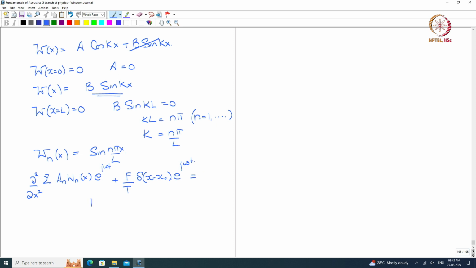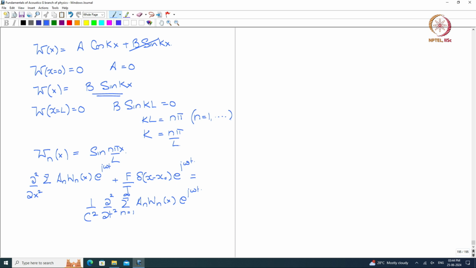1 over c square del 2 del t square of the summation n from 1 to infinity a n w n of x e to the power of j omega t.